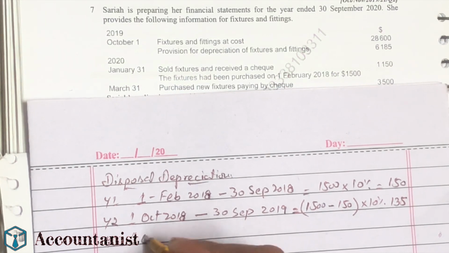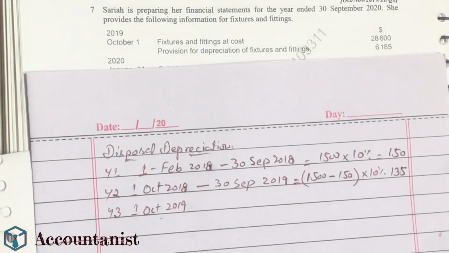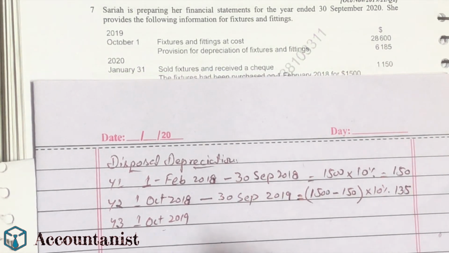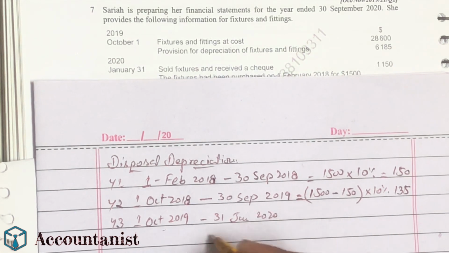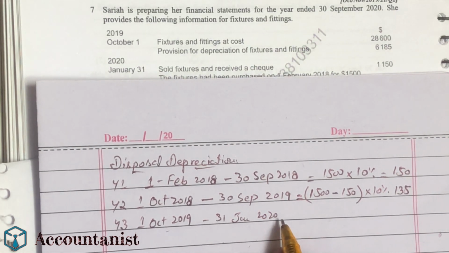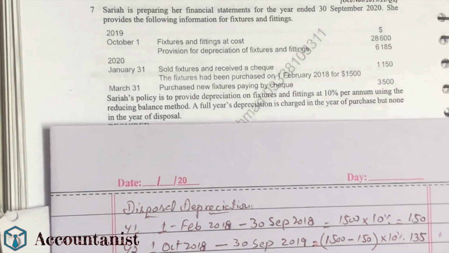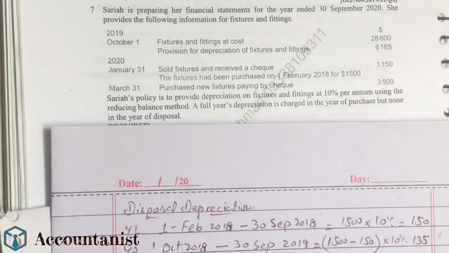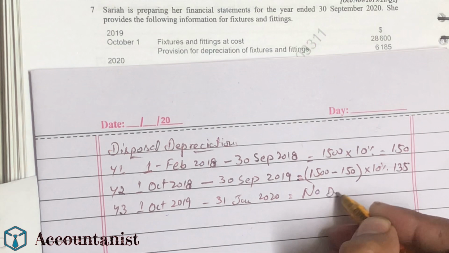That year will start from 1st October 2019, and on 31st of January 2020 we sold this asset. This year ends on 30th of September 2020, so before the year end we sold this asset, and the policy is no depreciation in the year of disposal, which means there will be no depreciation.